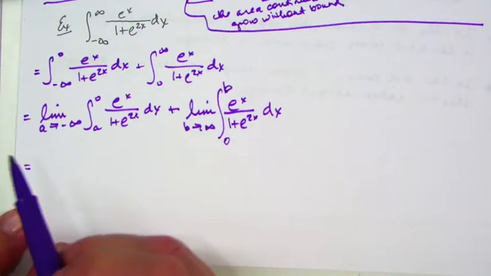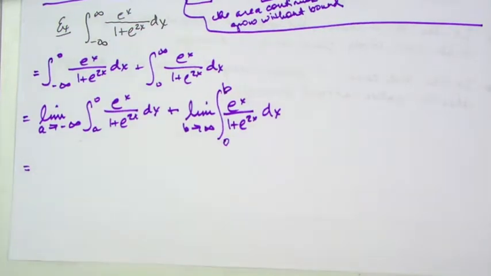Antiderivative, right? I've got candy for the first person that can come up with it. Yell it out when you think you got it. E to the x divided by negative 2?